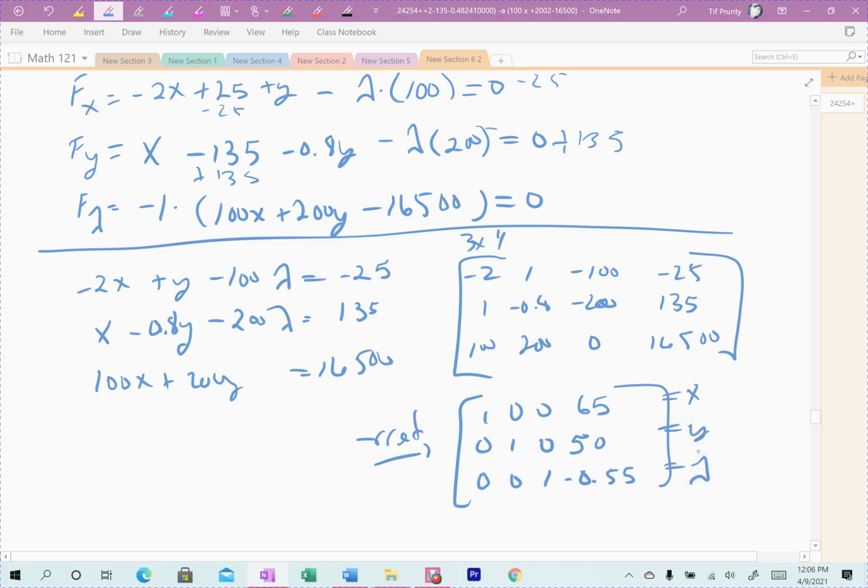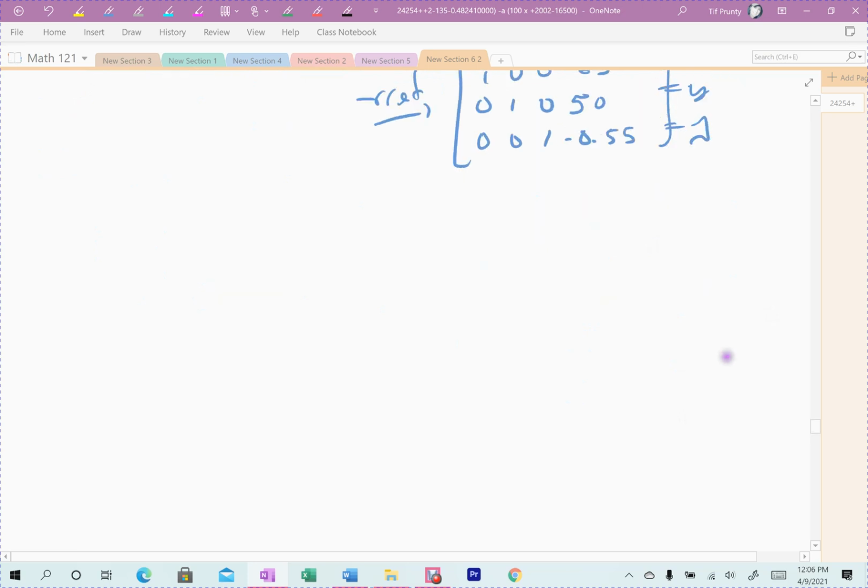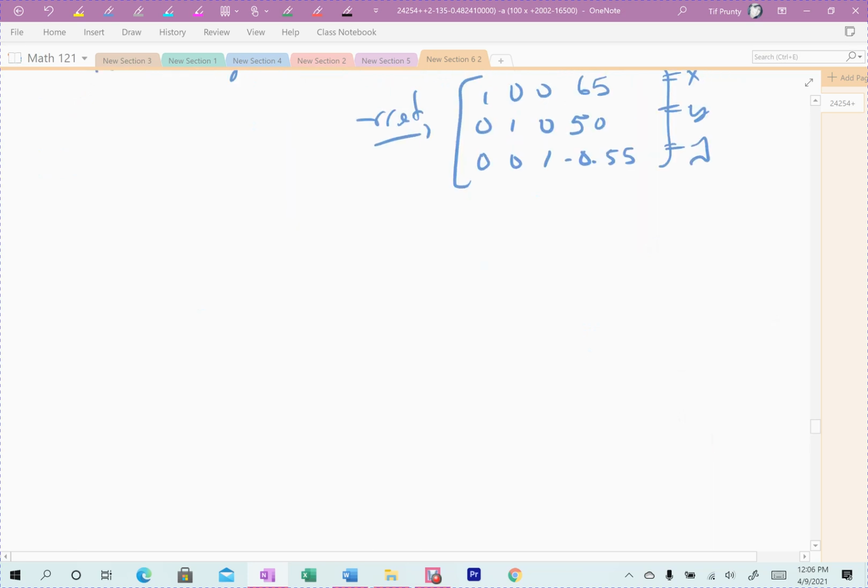We just use it as part of the application. Alright, so my x is 65, my y is 50, and so those represent my small and large tables. So they can make 65 small and 50 large tables.